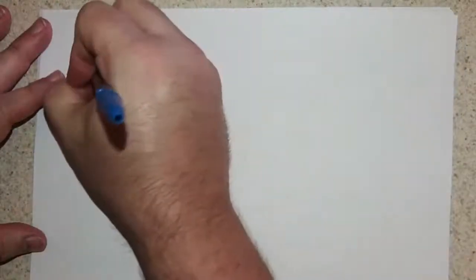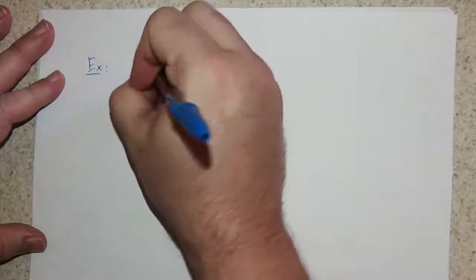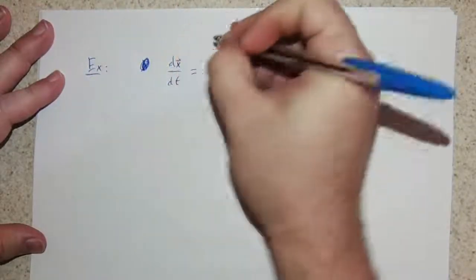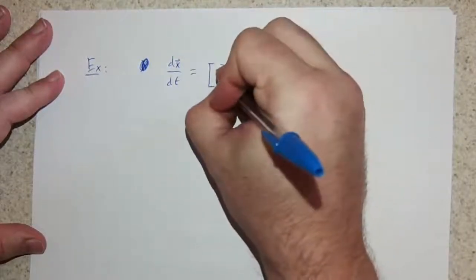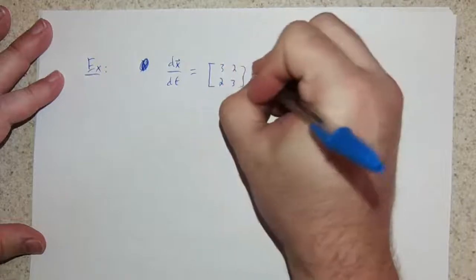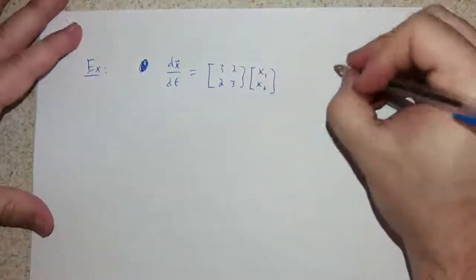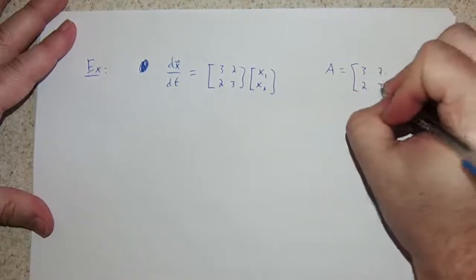But for now, what I wanted to talk about is going back to this previous example where the system of equations in question was this linear system that we saw earlier. So here it is. A is 3, 2, 2, 3.